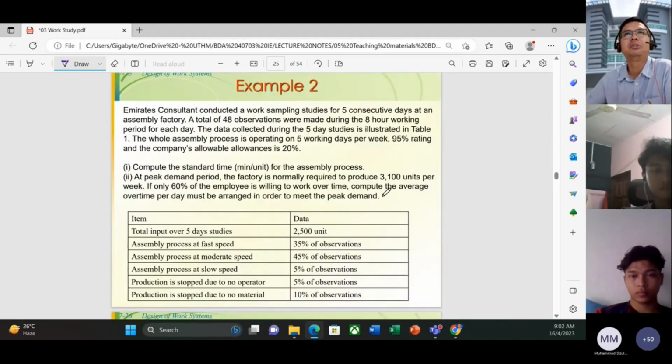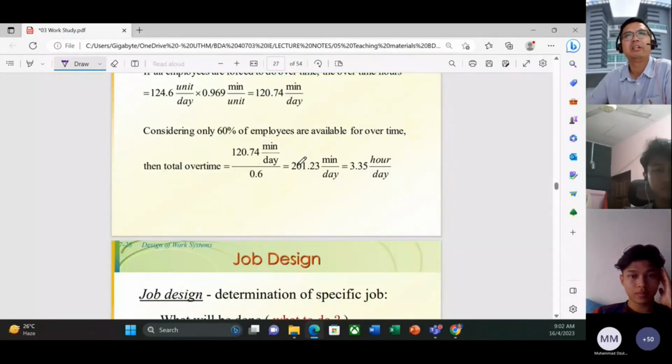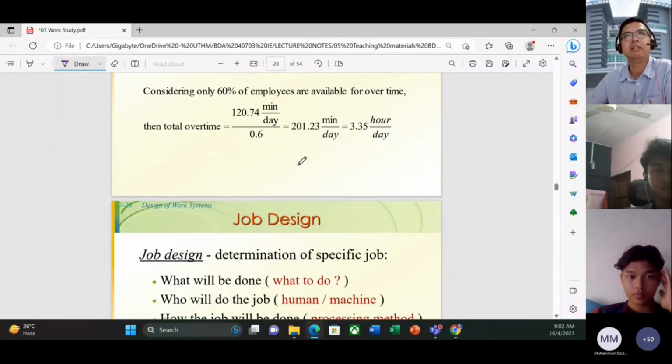And example number 2: a consultant conducts work sampling. So please find the keyword, whether time study or work sampling. Do not make a mistake and insert the wrong formula. So this is work sampling. Later on, you can refer to our slide to get the examples given to you.